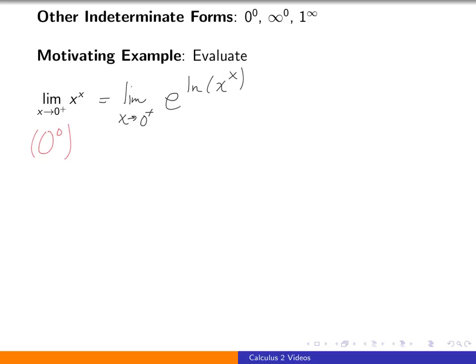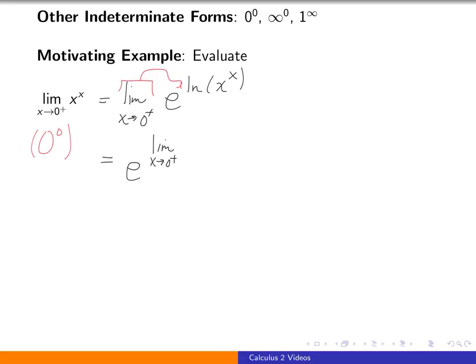And then I'm going to do kind of two things at once here. One, remember that an exponential is a continuous function, so we can actually take this limit and move it inside the exponential. So I can write this as the exponential e raised to the limit as x approaches 0 from the right.